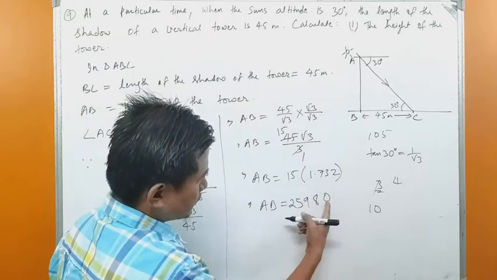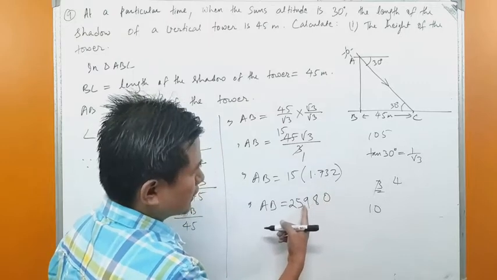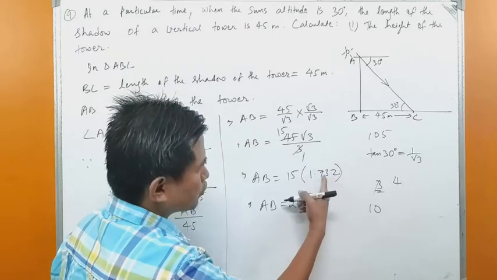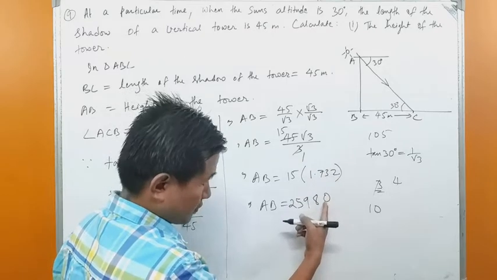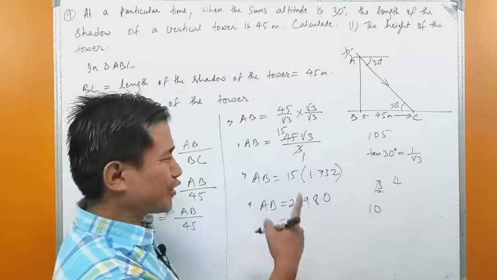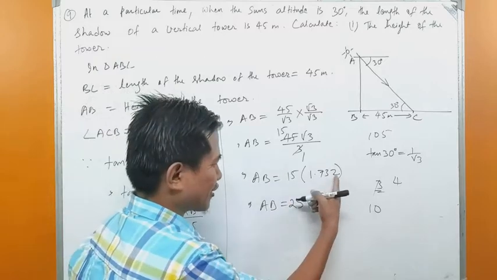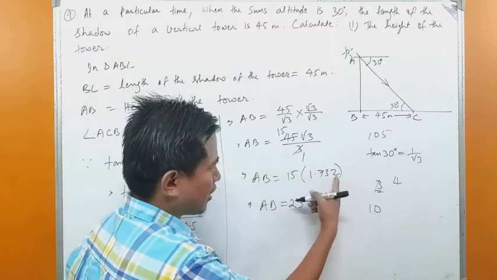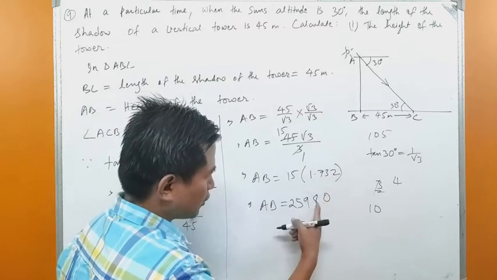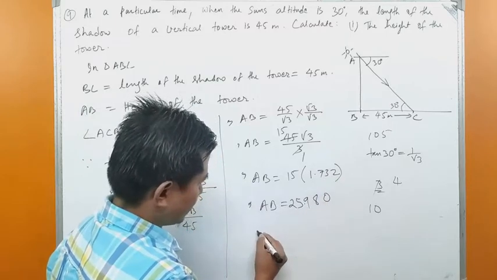How many digits before we should put the decimal point? Before 3 digits we need to put a decimal point, because we have a decimal point before 3 digits here. So 25.98.